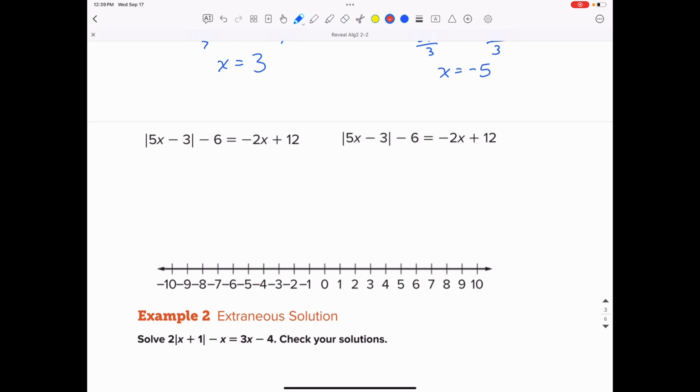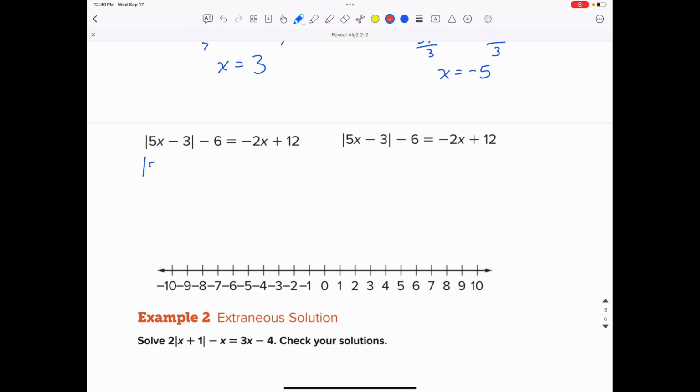So on the left side, I will replace all of my x's with a 3. So I'll have the absolute value of 5 times 3 minus 3, minus 6.